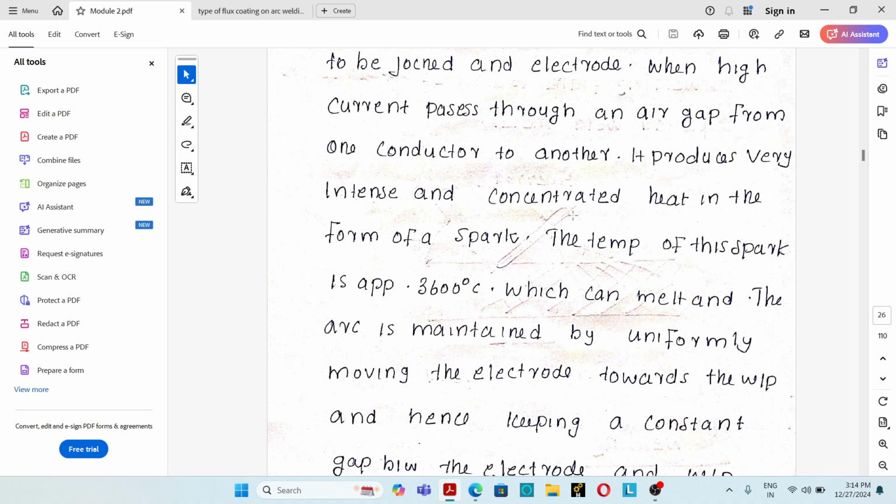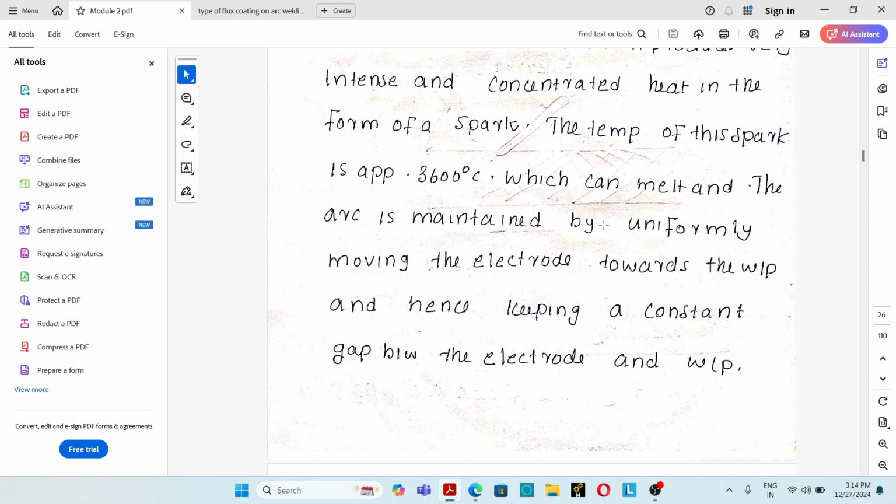During welding, the electrode is uniformly moved towards the workpiece, keeping a constant gap between the electrode and workpiece, and at the same time it is moved along the desired line of welding. On solidification, it forms a joint between the parent metals. This is the principle of the arc welding process.